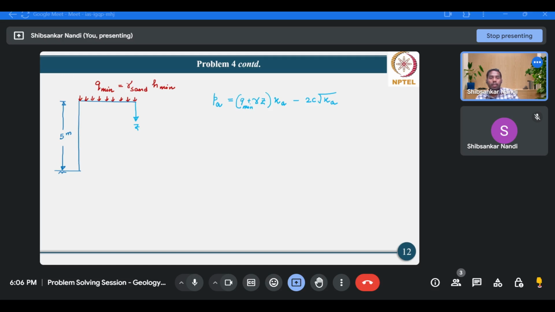Now what is this K? Please keep in mind that this gamma is for clay, and this K value is the property of clay, not of the sand.